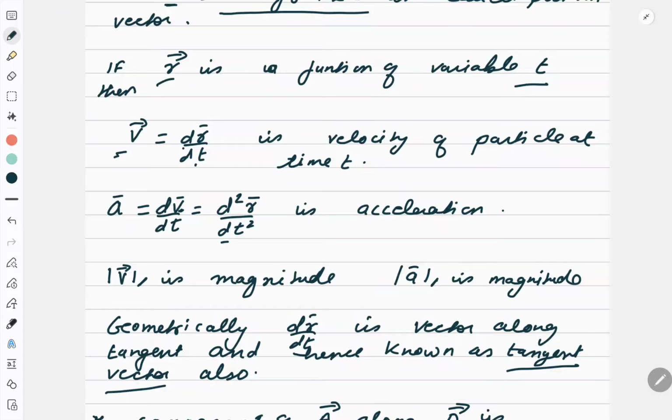If you remember, directional derivative was the component, and directional derivative for grad phi is grad phi dot n cap. Same way, if I want to find out the component of velocity in the direction of any vector n, then that component is given by v dot n cap, where n cap is a unit vector in the direction in which I need the component. Same way I can talk about acceleration. So this gives me the components, right?